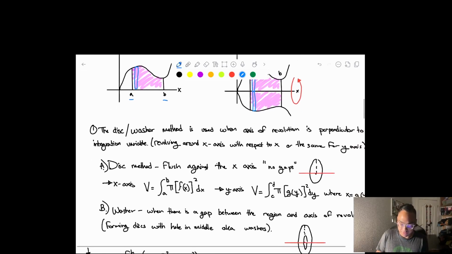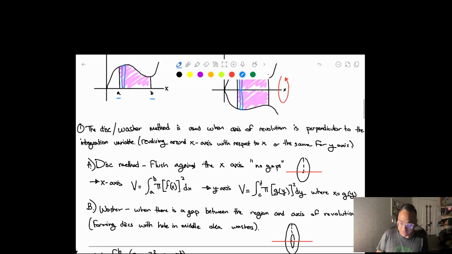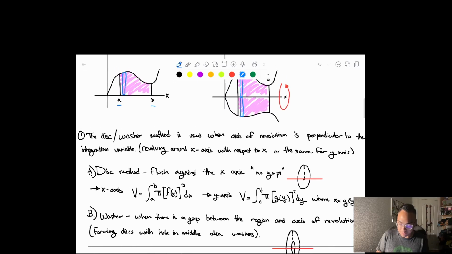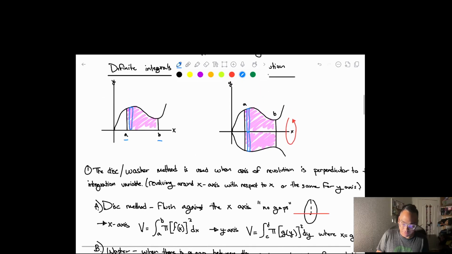The reason it's called the disk and washer method is that the axis of revolution is perpendicular to the integration variable.